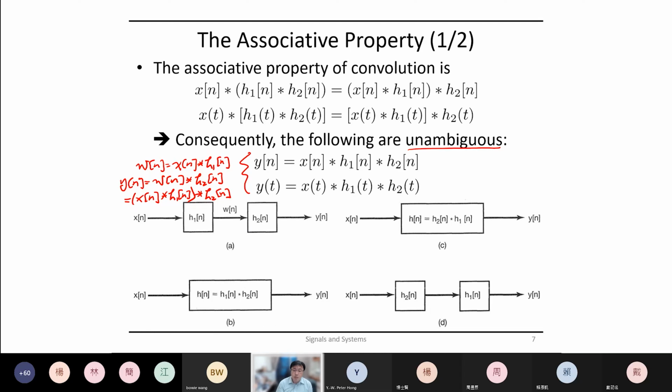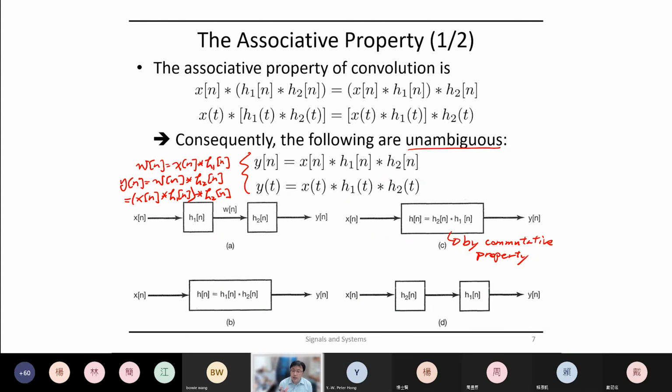Now, by the commutative property, we know that the convolution between h1 and h2 can be written as the convolution between h2 and h1. And then, by splitting this into two subsystems, you get the cascade of h2 and h1.